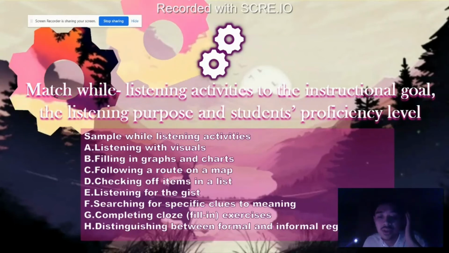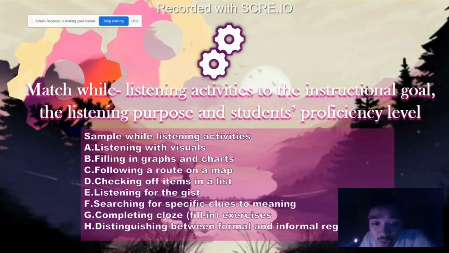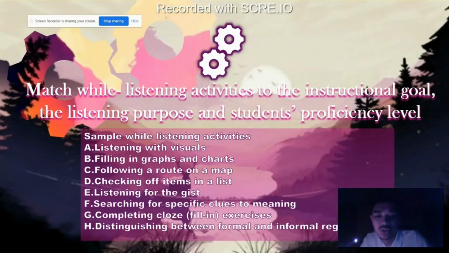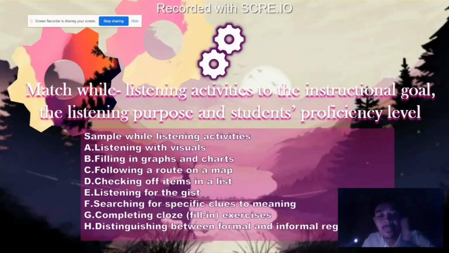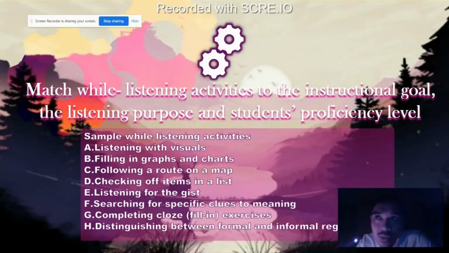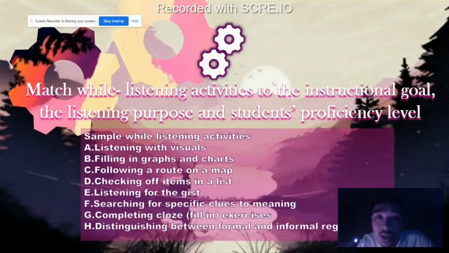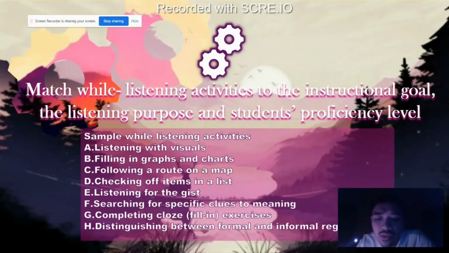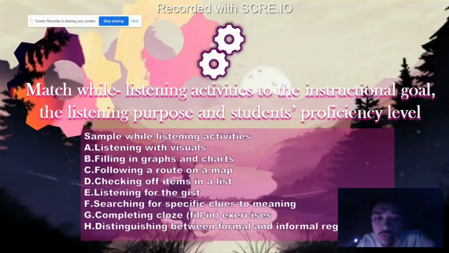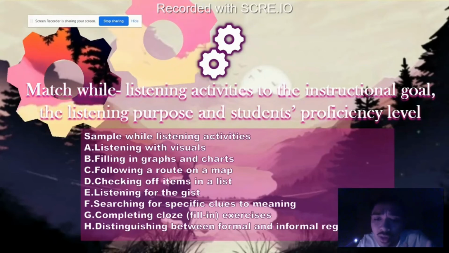And then letter H, distinguishing between formal and informal registers. This can be determined with the morphological extension, wherein we have to determine the formal and informal registers.